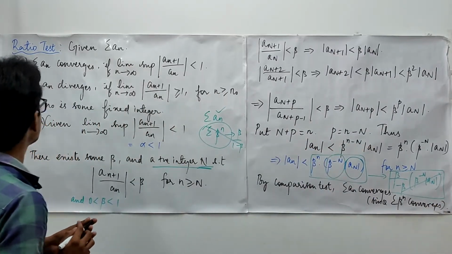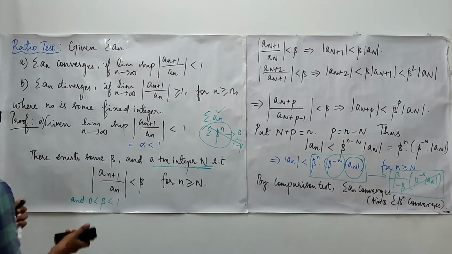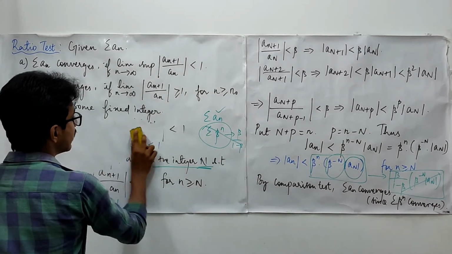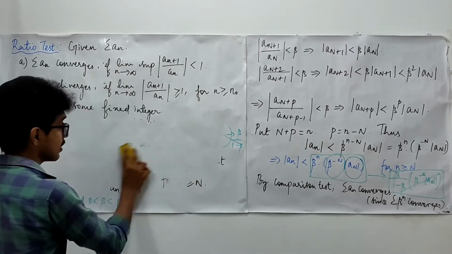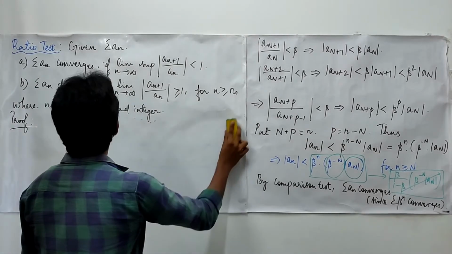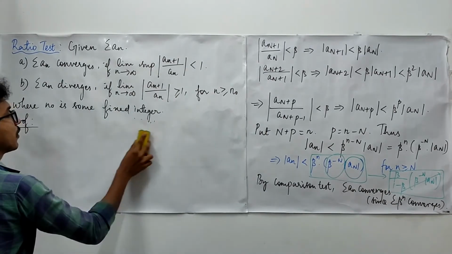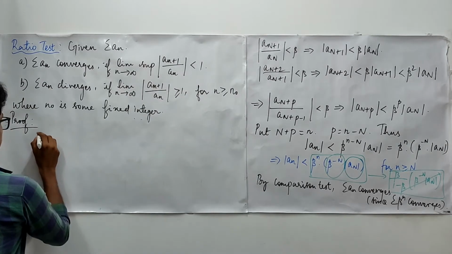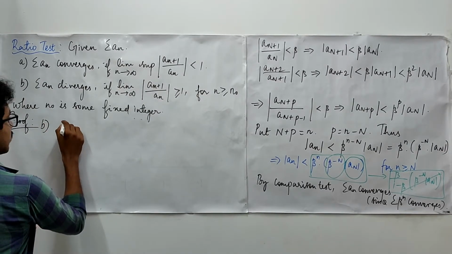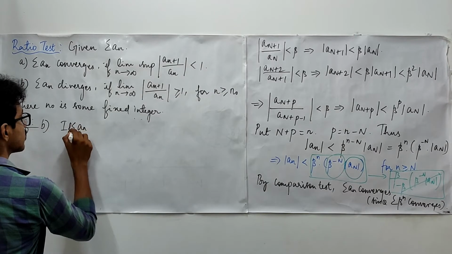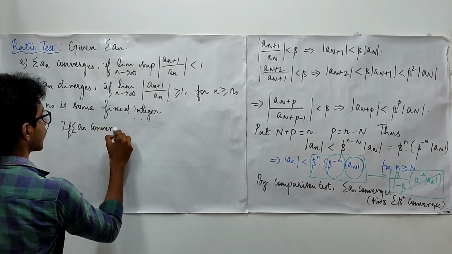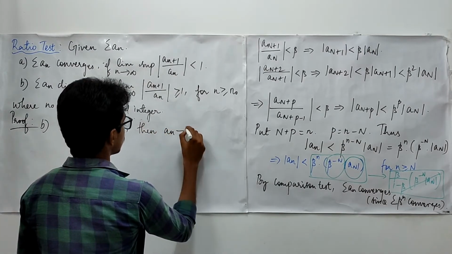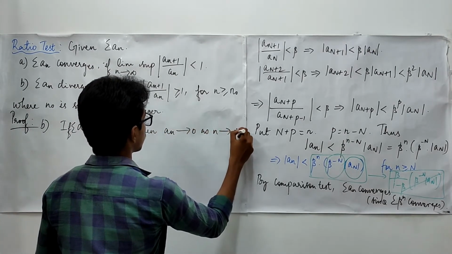Now we will have to prove the second one. Just like we have proved the divergence of the given series in the root test, we may prove it for the ratio test as well. That is the condition: if summation an converges, then an approaches 0 as n approaches infinity.